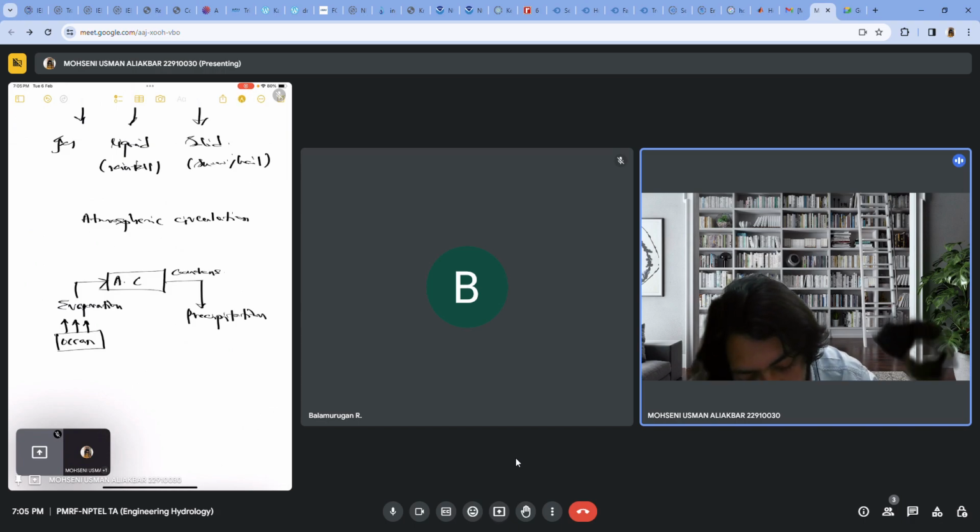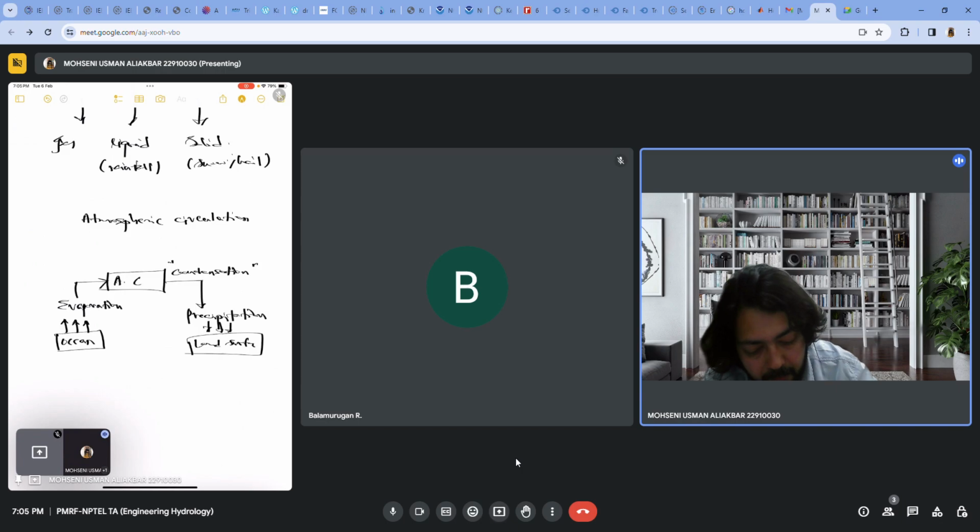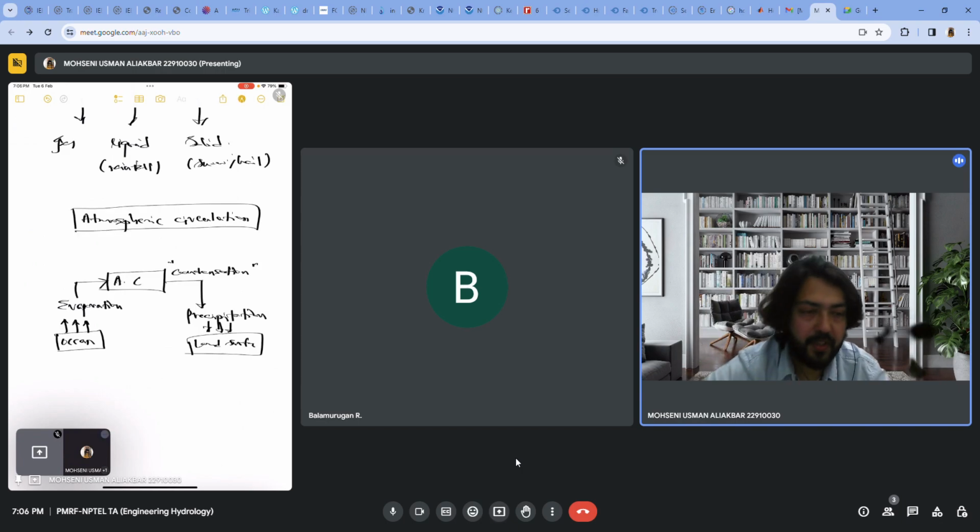When condensation takes place, clouds form, and from there we get precipitation, which again falls onto the land surface. This entire process is called atmospheric circulation. It means how water is circulating in the atmosphere.